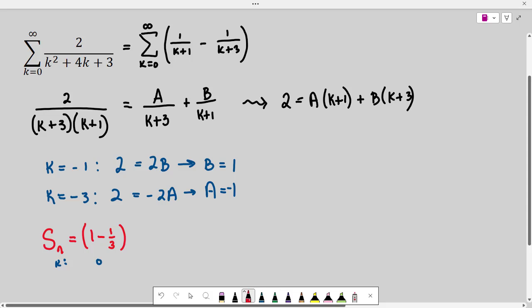Now we're going to go to k equals 1. So we plug in 1 up here, we get a half minus a fourth. This is when k is 1. Then k equals 2. When k is 2, we get a third minus a fifth.